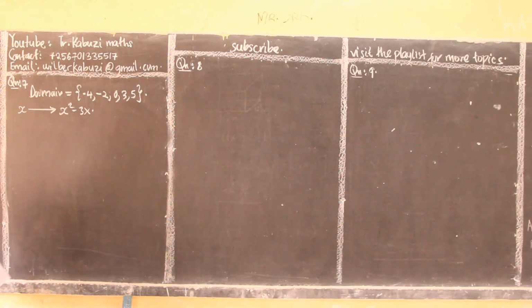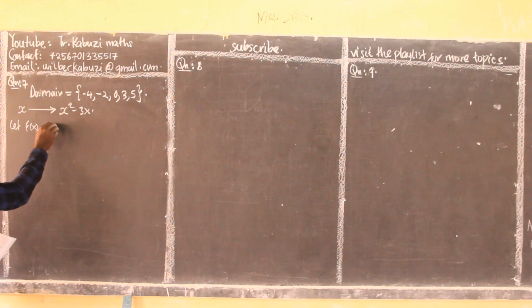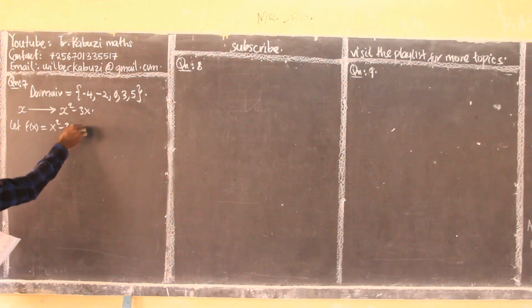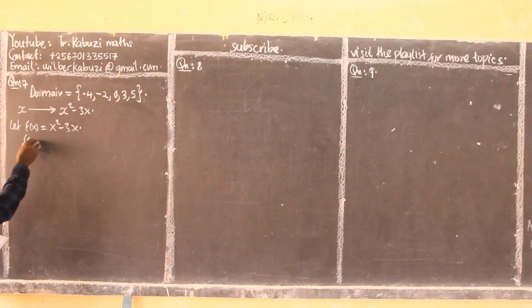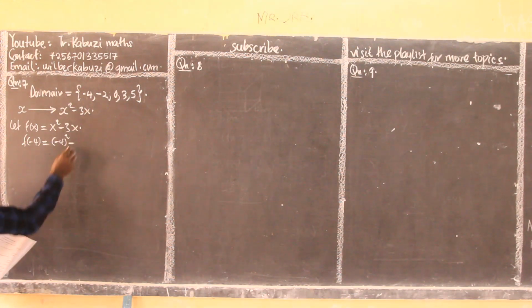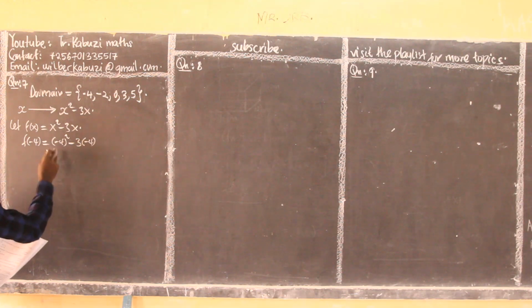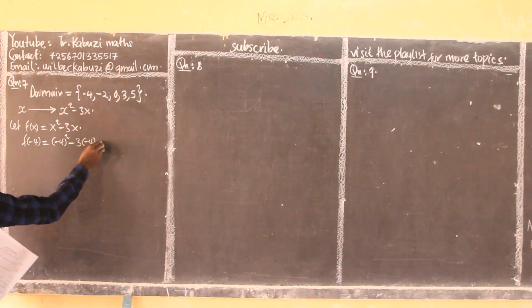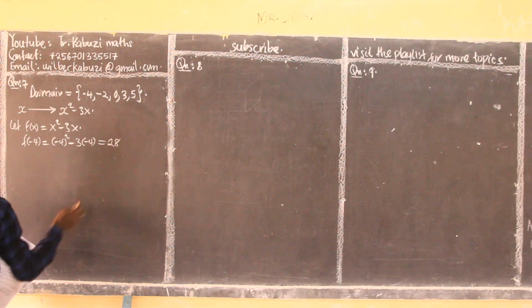So here what we have to do, we have to select my f of x, x squared minus 3x. Now f of -4 will be, this will be 16 plus 12, which will be 28.